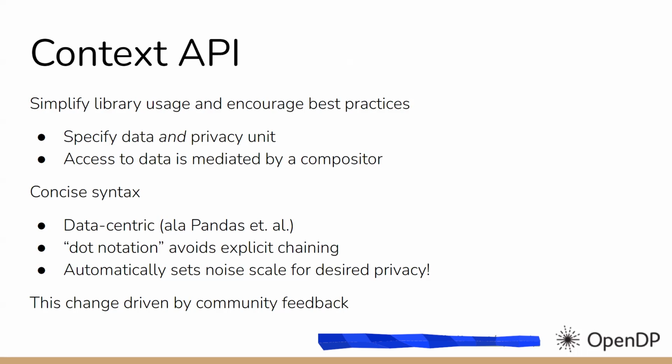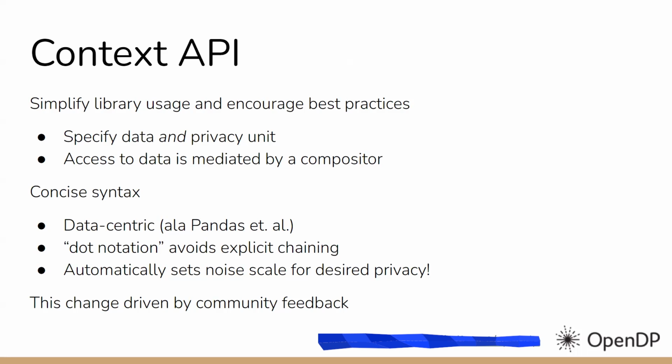The purpose of this is to simplify usage of the library and encourage best practices. With this API, you start out by specifying your data and your privacy unit alongside it. So it's very core that every time you start DP analysis, you start by defining what your privacy unit is, and everything else is built on top of that.